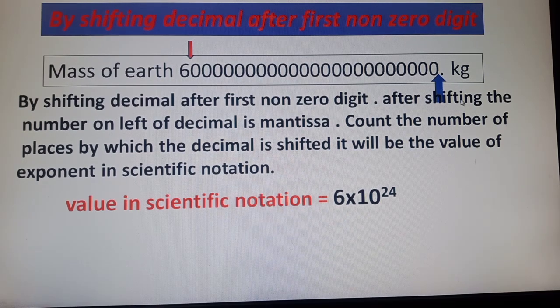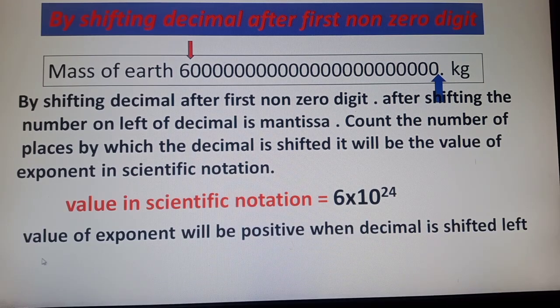Our decimal is shifted 24 positions from its original place to move it after the first non-zero digit. So these places by which the decimal was shifted is known as the exponent of the value. So this will be 6 multiplied by 10 raised to the power 24. Now it is in a convenient form. Now the value of the exponent will be positive. 24 is positive. Why? When the decimal is shifted left.